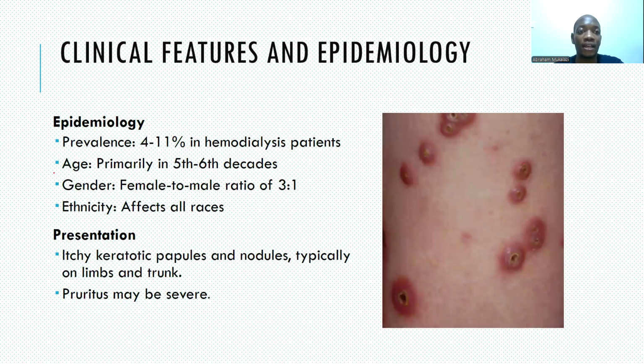Continuing further, the clinical picture: it is prevalent in about 4 to 11% of hemodialysis patients, primarily occurring at about 50 to 60 years, and more common in females compared to males with a ratio of 3 to 1, and it can affect all races without any predilection. Someone will have very itchy keratotic papules or nodules, typically on the trunk and limbs, and the pruritus can be very, very severe in these cases.